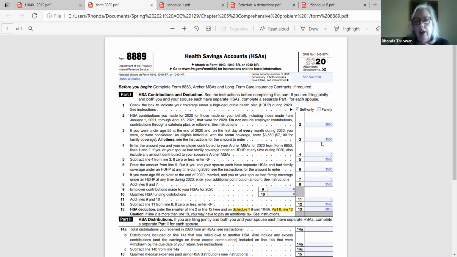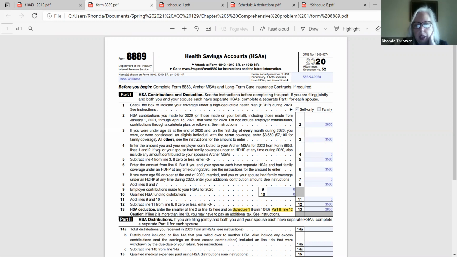So this 3,500 is the amount that you would put here toward the rules for the HSA. Now I know that it says this, but again, this is 2020's stuff, so that really should be 3,500. So in 2019, it was 3,500, and we're doing 2019.